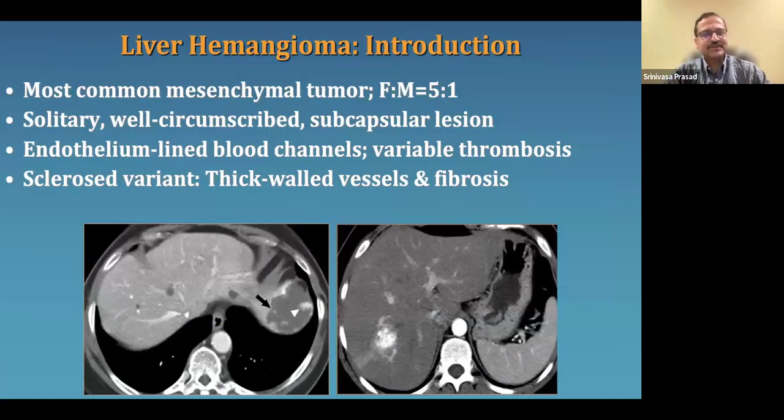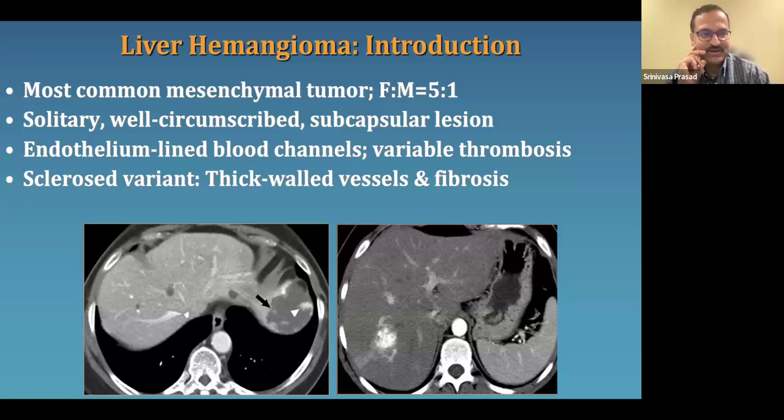Now, moving on to the most common mesenchymal tumor, the hemangioma, which consists of endothelium-lined blood channels and variable degrees of thrombosis, most often described as typically solitary and subcapsular hypervascular tumor.